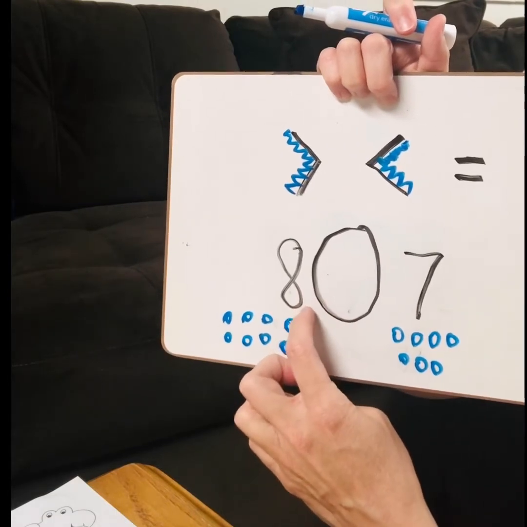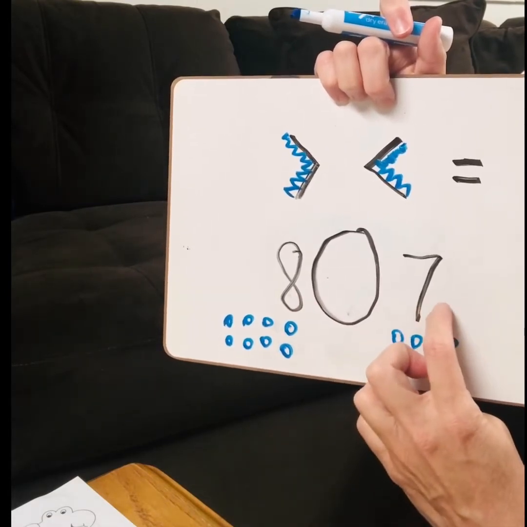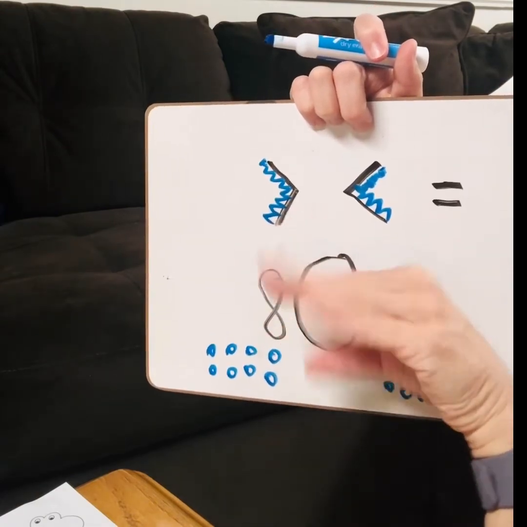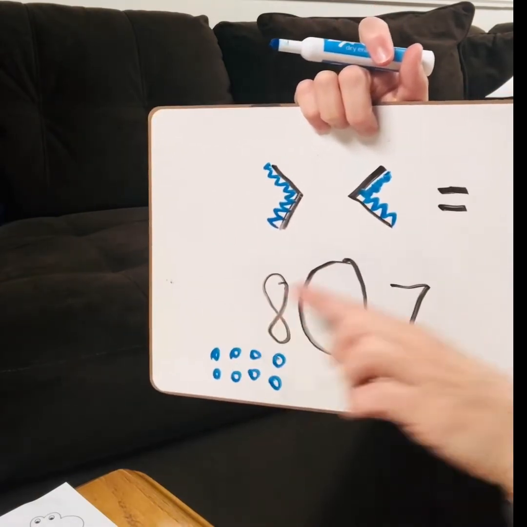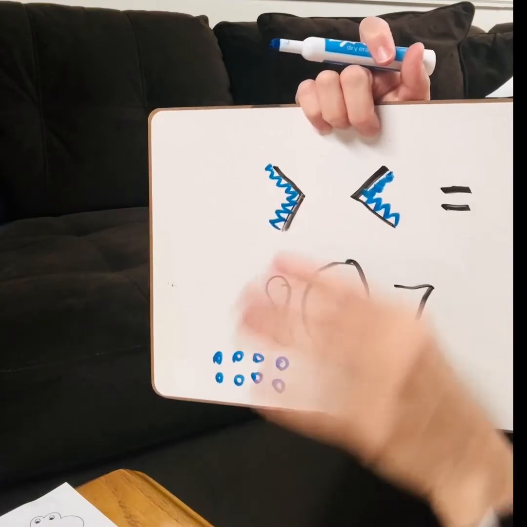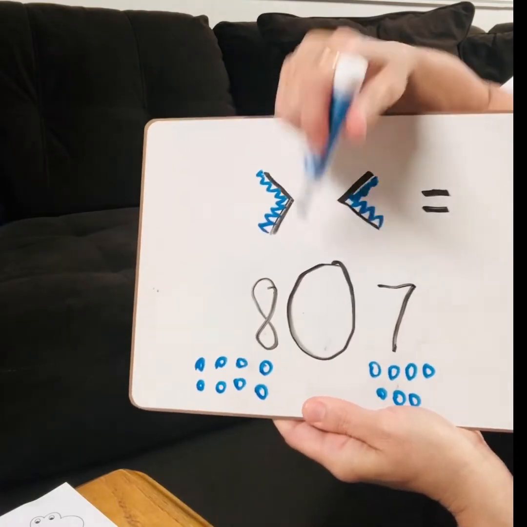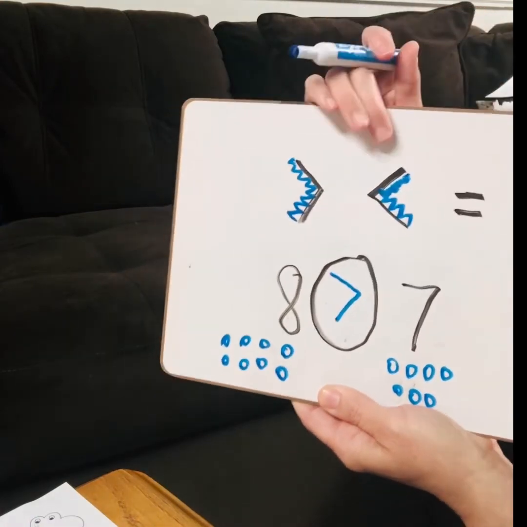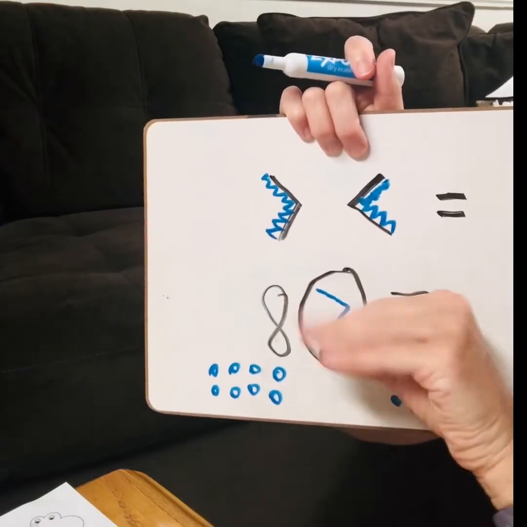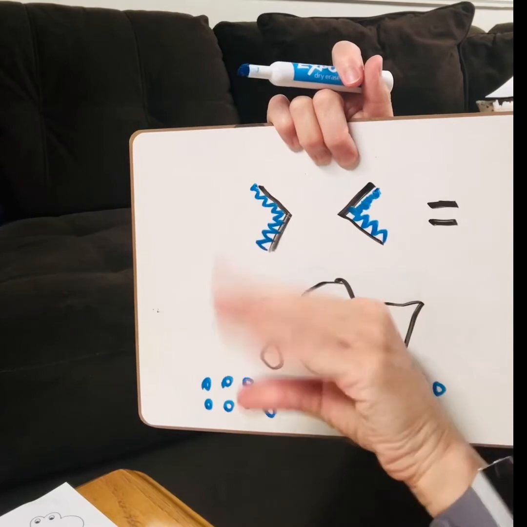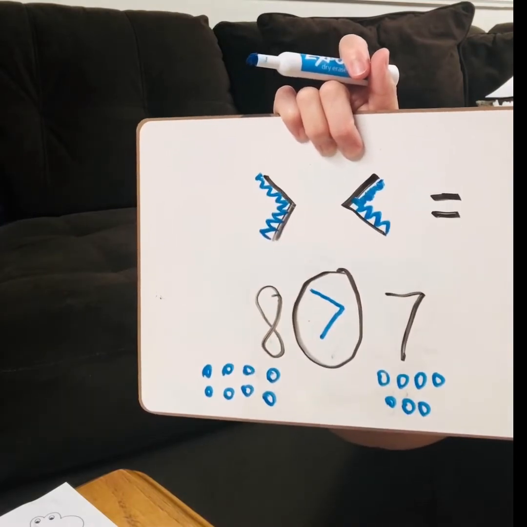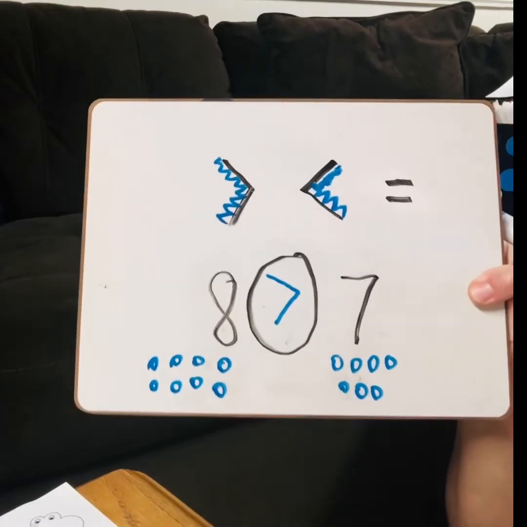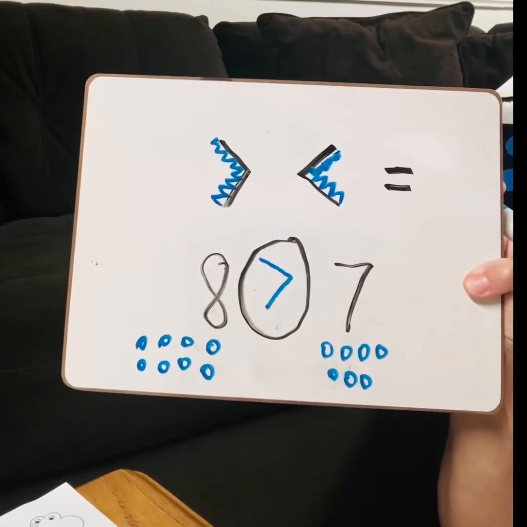So 8 is larger than 7. So our alligator is going to once again want to eat the number on that side. So I am going to pick the mouth or the symbol that goes this way. The alligator is eating the larger number. Okay? All right. I'm going to show you one other example.